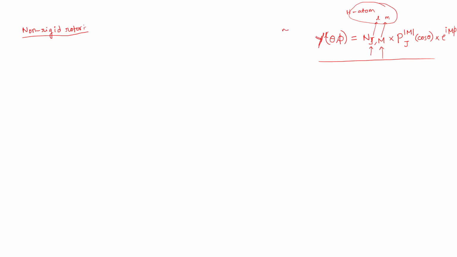But in the case of the rigid rotor, this is a solution of the Schrodinger equation. From here, what you will get is the angular momentum, L square, which is important. For an operator, don't forget to write theta and phi. From here you get J into J plus 1, and this is the rotational quantum number.